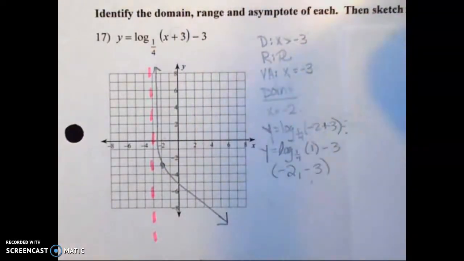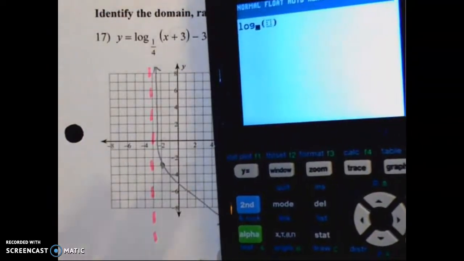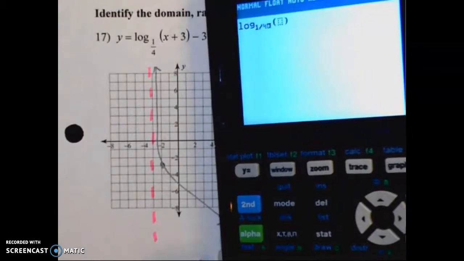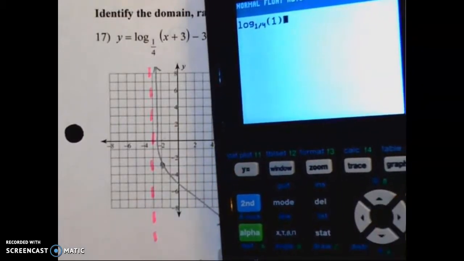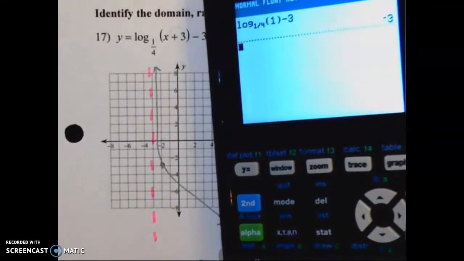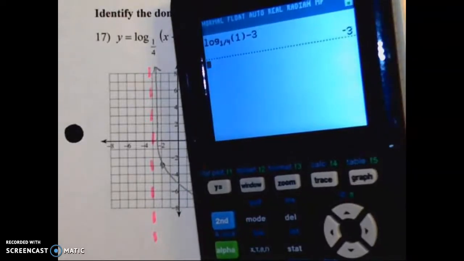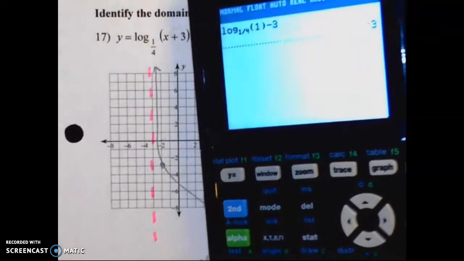So it's log base 1/4 of 1 minus 3. So it's log sub 1 divided by 4, and then a 1, and then a minus 3. When I hit enter, I get -3. Okay, you try it.